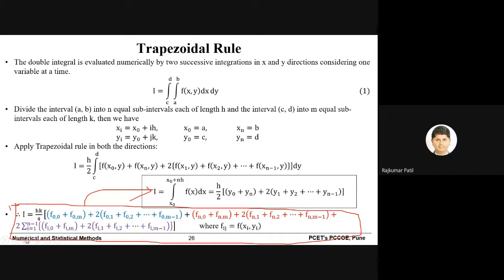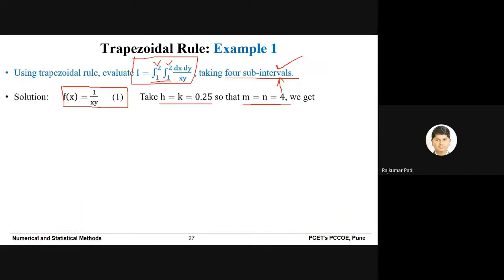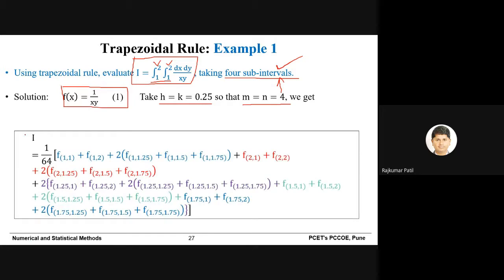Okay, so we derived this equation, and by using this equation, we are developing the equation. Here you can see I is equal to, and the total number of terms are 4. You can see m equal to n equal to 4.